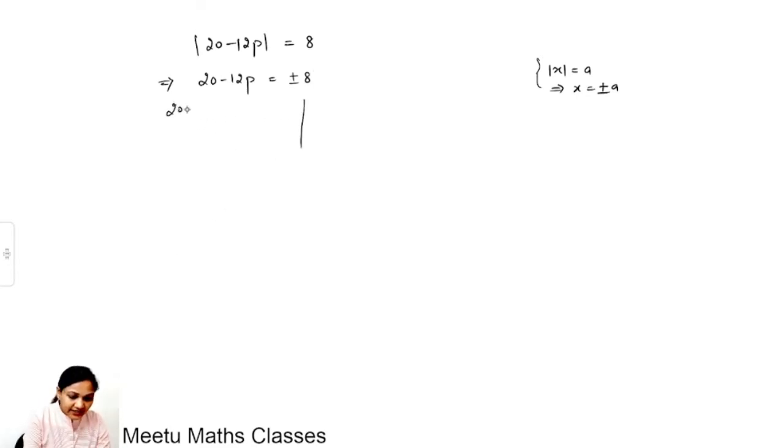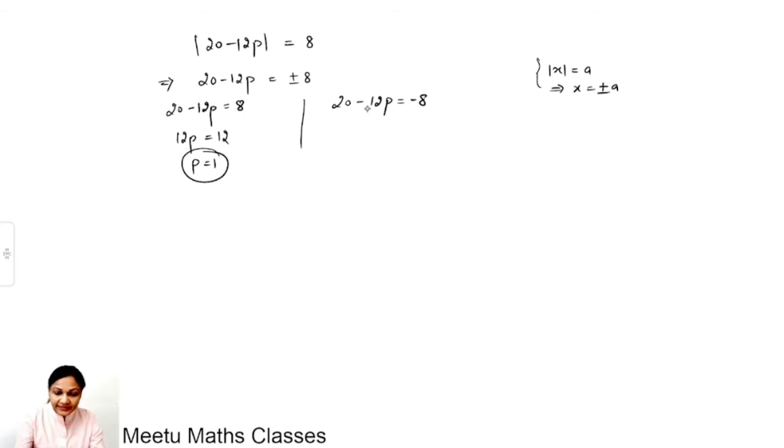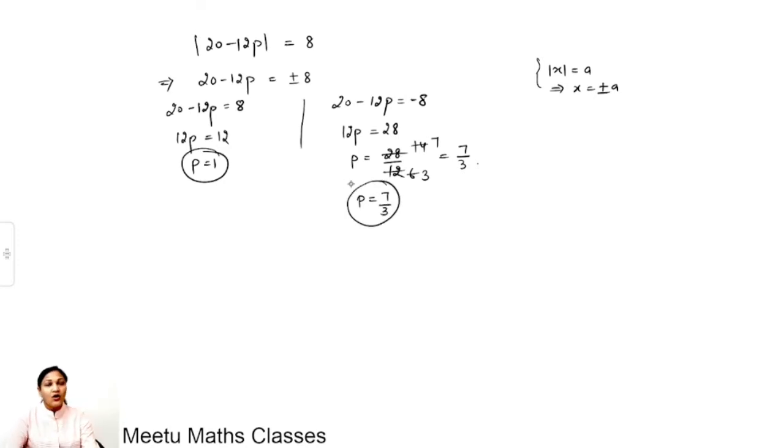This gives 12p equals 12, or p equals 1, and this gives 12p equals 28, or p equals 28 by 12, which is 7 by 3. So p can take two values, either 1 or 7 by 3.